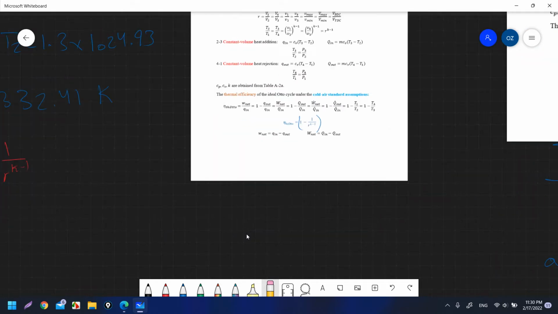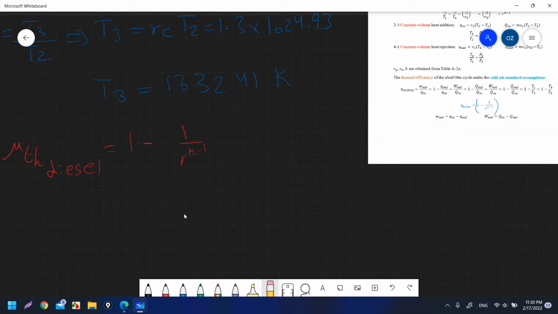So let's substitute, and be careful because it's a big equation and you may make a mistake. We will have RC to the power k minus 1 over k multiplied by RC minus 1.